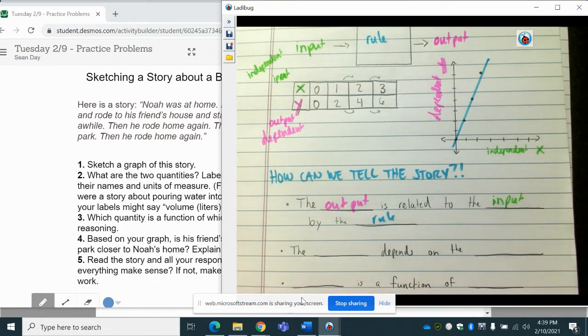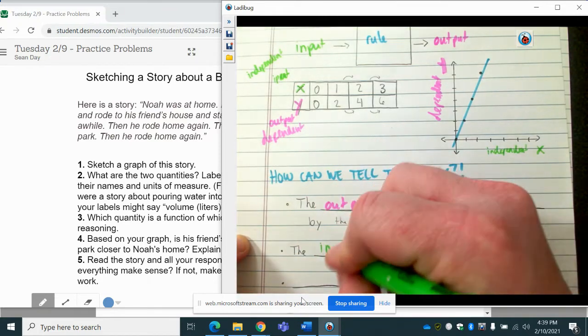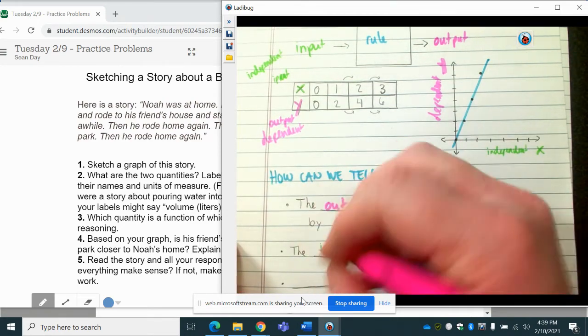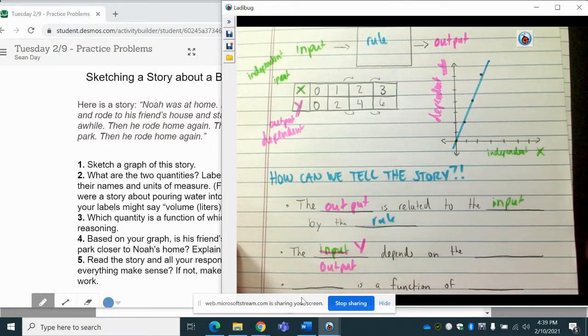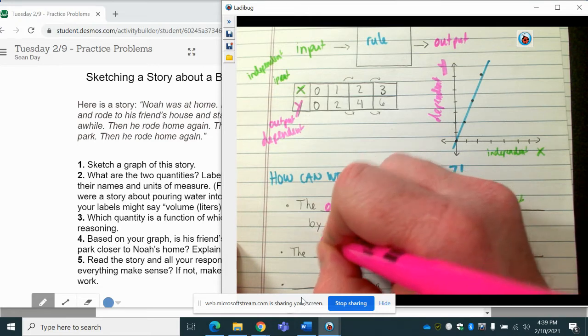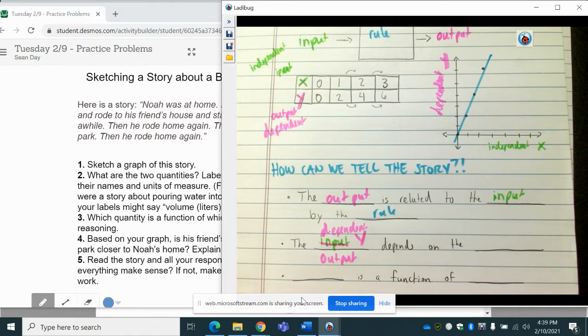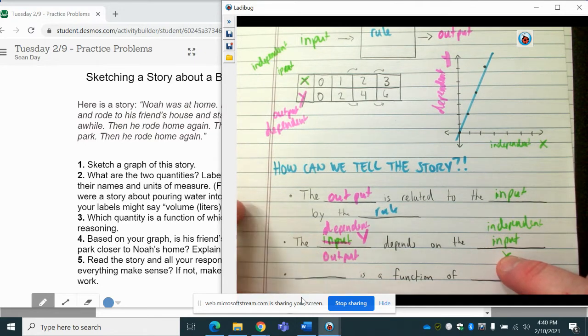Another way to look at this is that the output, or our Y value, or our dependent variable, depends on the input, the X value, or the independent variable. So this language is helping us tell a story about the relationship between these two things.